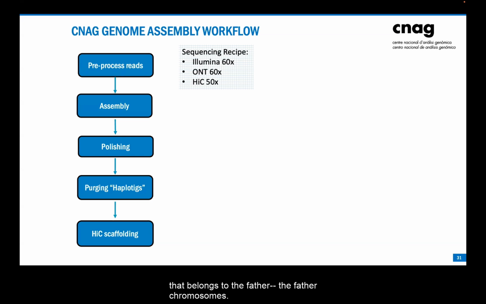Okay, so then we purge one of them, normally the shortest, and we keep the other in the assembly. Then we avoid having artificial duplicates in our assembly, like false paralogs or stuff like that. And in the end, we add a grain of salt with the HiC data, and we do the HiC scaffolding.